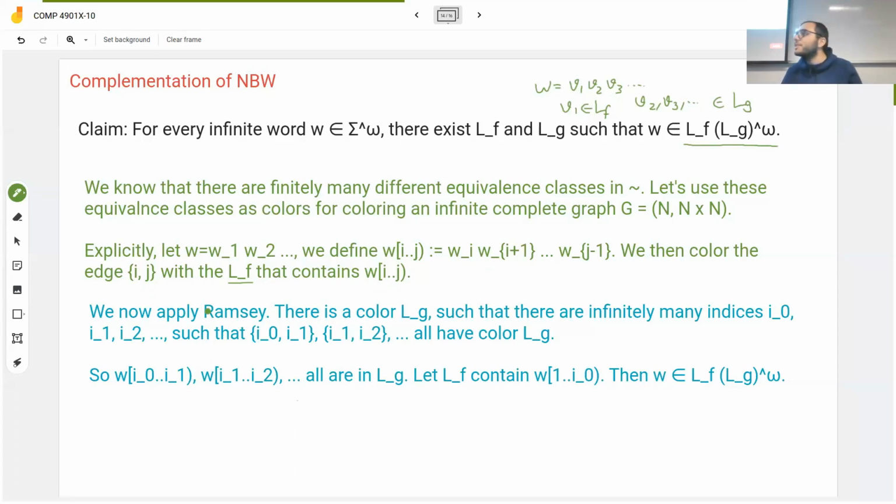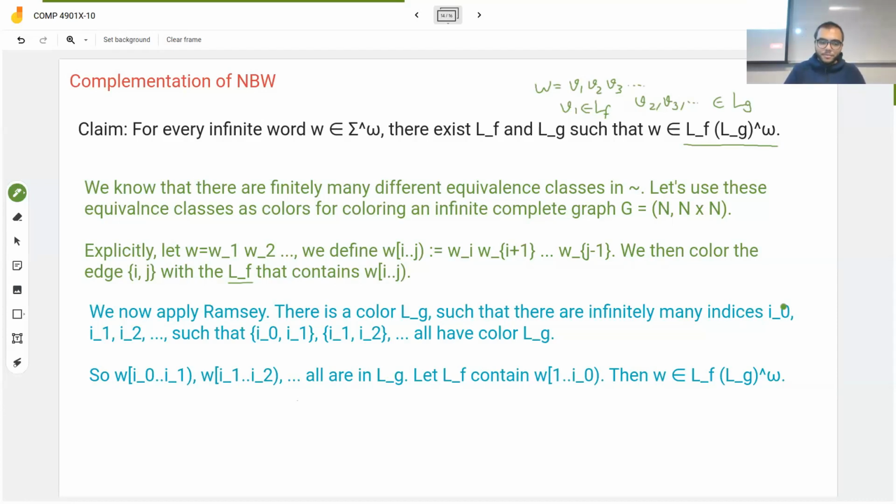Okay, now we apply Ramsey. We have an infinite complete graph, and we've colored the edges with finitely many colors. So this means that there are infinitely many vertices, let's say, such that all the edges between those vertices are of the same color.